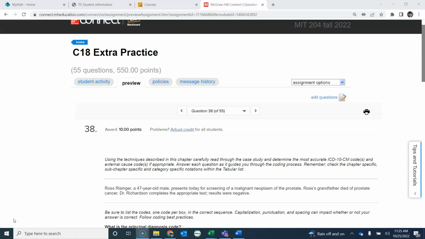So we've got Ross. He's coming today for a screening of a malignant neoplasm of the prostate, okay? And it says his grandfather died of prostate cancer, so he wants to make sure that Ross gets screened because he has this family history, okay? So the tests are negative, so the only thing that we can really code is the screening, okay?